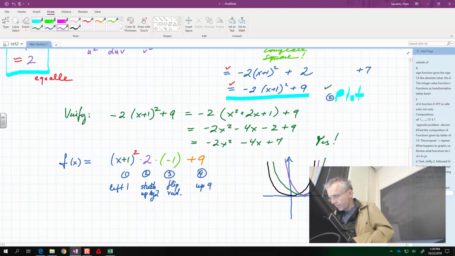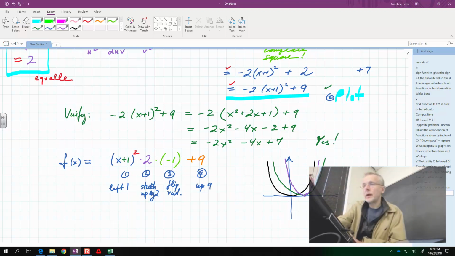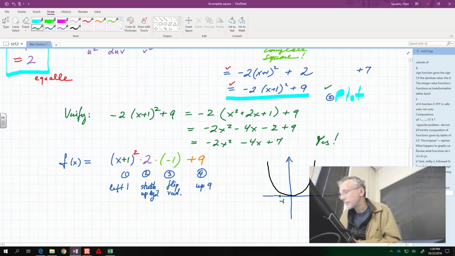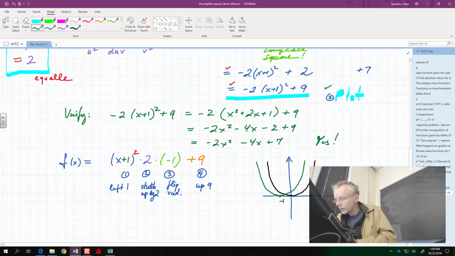Because of it being x plus 1 in the first step, should it be left? I moved it, sorry about that, left 1, yeah, starting over. Let me put that point where it belongs. So this is my new vertex at -1. Otherwise the shape does not change. Try to reproduce that as carefully as you can.